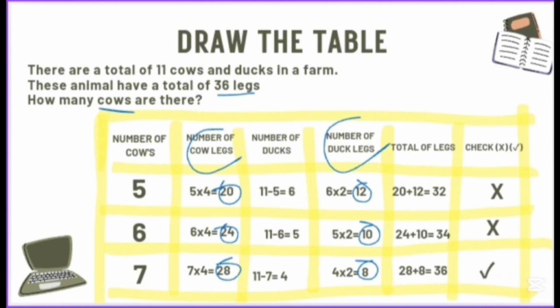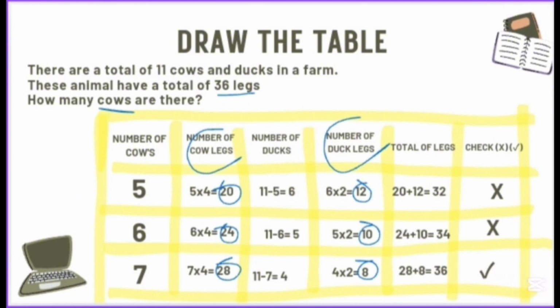First, let's assume there are 5 cows. Each cow has 4 legs, so the total number of cow legs is 5 cows times 4 legs equals 20 legs. Now, if there are 5 cows, that leaves 6 ducks, because 11 animals minus 5 cows equals 6 ducks.